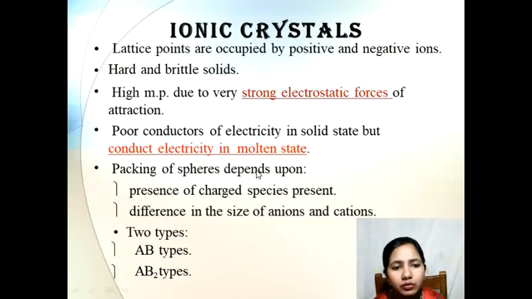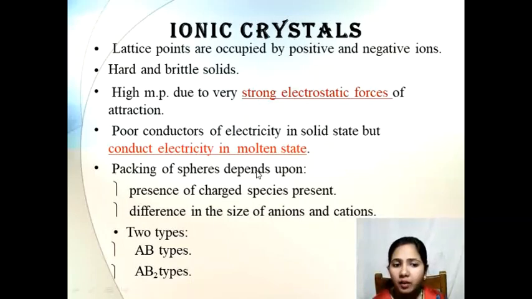Let us take an example of the NaCl crystal. In the NaCl crystal, the ions are Na+ and Cl-. The force between these Na+ and Cl- ions is a strong electrostatic force, or Coulombic force of attraction. Due to this strong force of attraction, they have a high melting point.